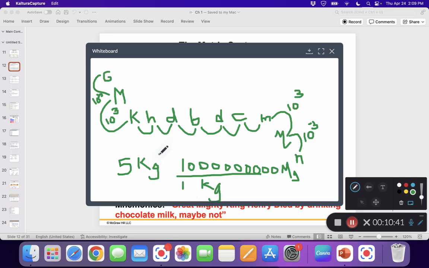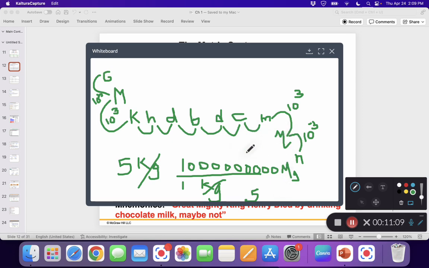So now we will cancel the kilograms here. So 5 kilogram is equal to 5. Behind 5 we will have 1, 2, 3, 4, 5, 6, 7, 8, 9 zeros. So we can write this as 5 with 9 zeros after it, microgram. We are here on the microgram.